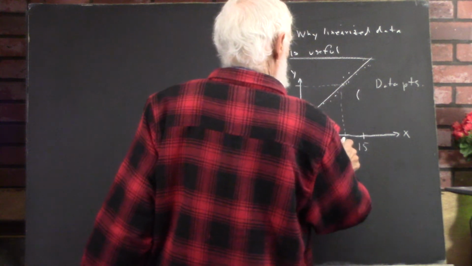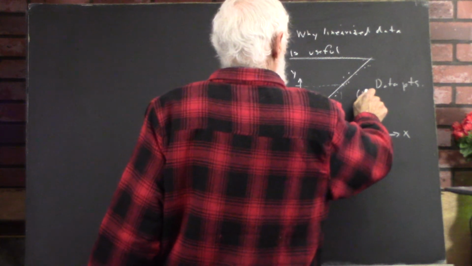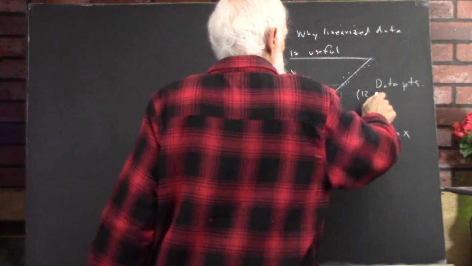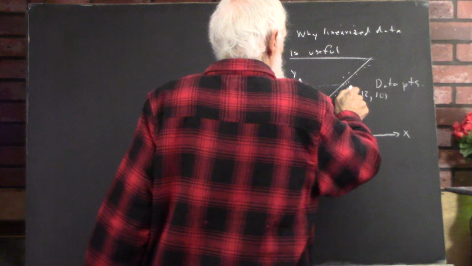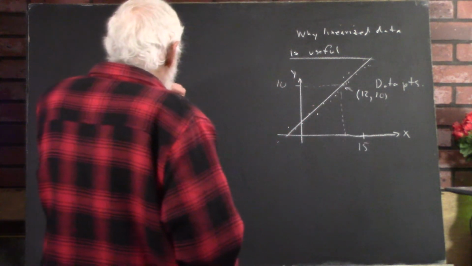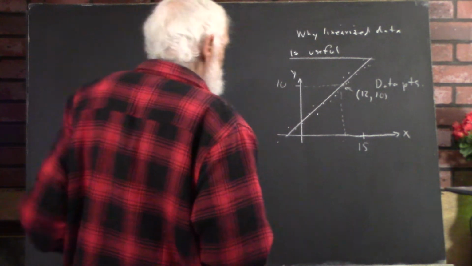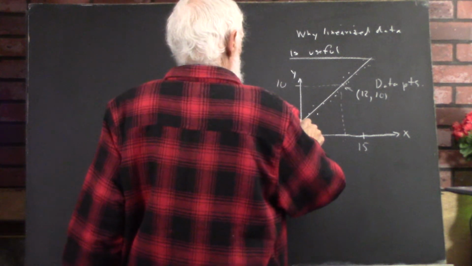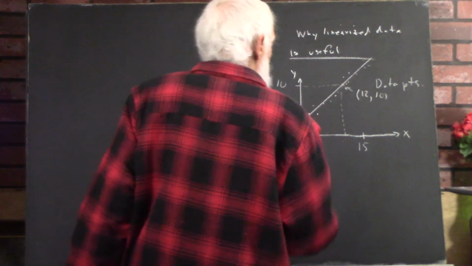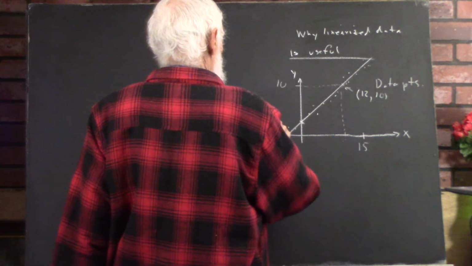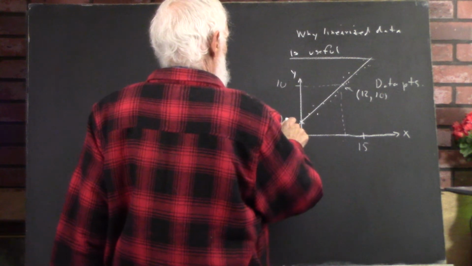So if this is 15, this looks like 12 to me. Okay, and of course this point is 10. Now since the line can be extended through the y-axis, I can estimate the y-intercept. This point appears to be 0, 3.